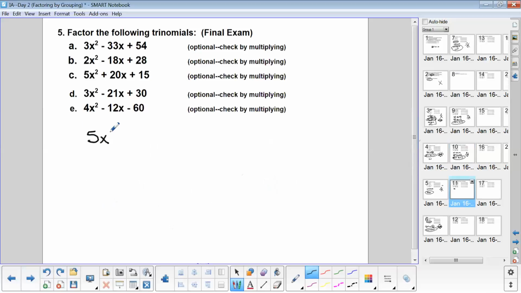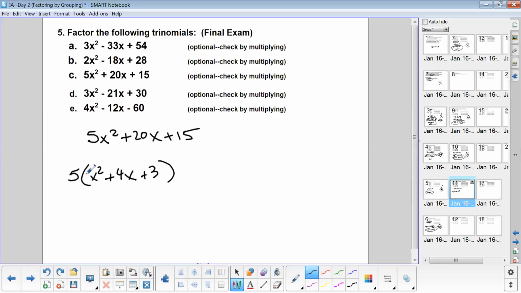Third example, 5x squared plus 20x plus 15. I look at 5, 20, and 15, and they all have a 5 in common. Notice they don't all have an x in common. That's why there's not an x factored out. 5 divides 20 and 15, so I'm going to have x squared plus 4x plus 3.